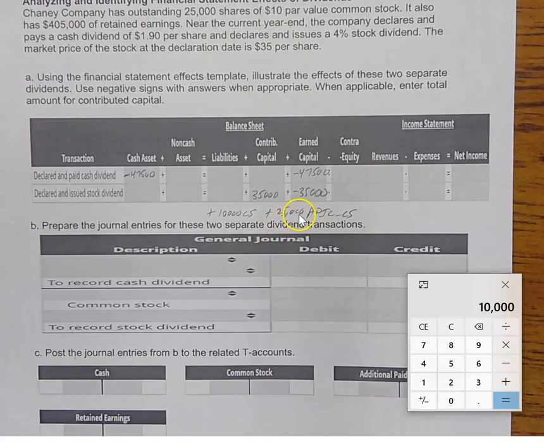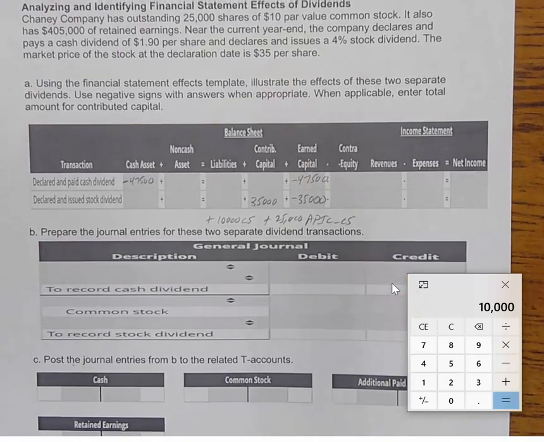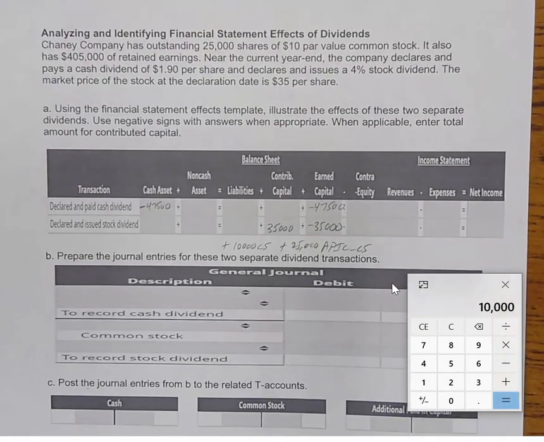And that $25,000 is the difference between the $35,000, $35 times the 1,000 shares, right?